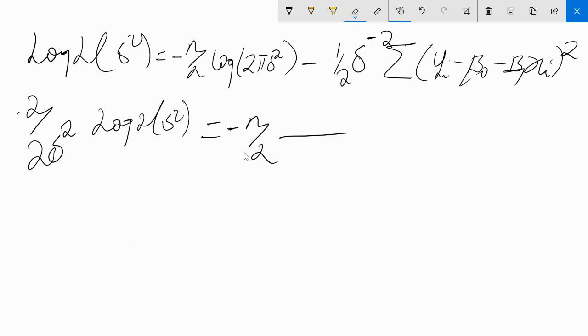The assumption is that you did math 1. So now when we differentiate this, we're going to have 2 pi sigma squared, and then the derivative of 2 pi sigma squared with respect to sigma squared is equal to 2 pi.